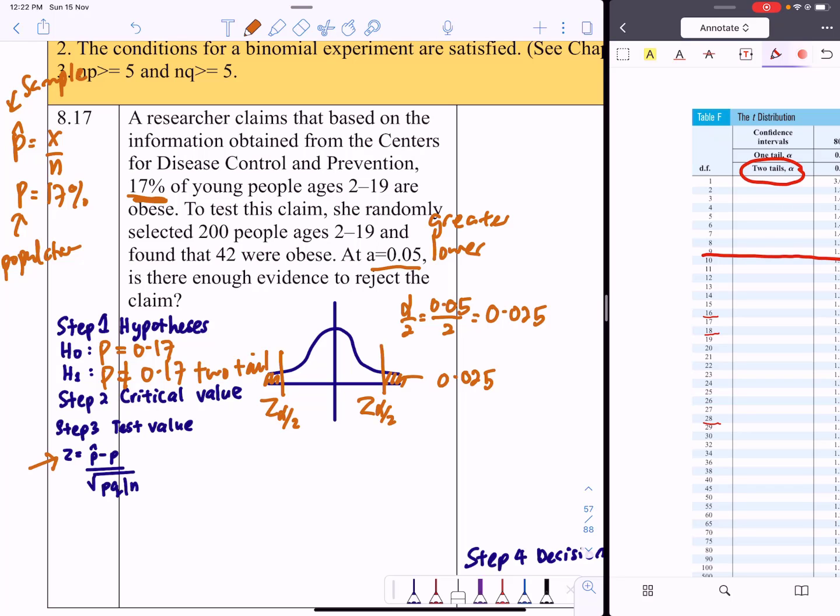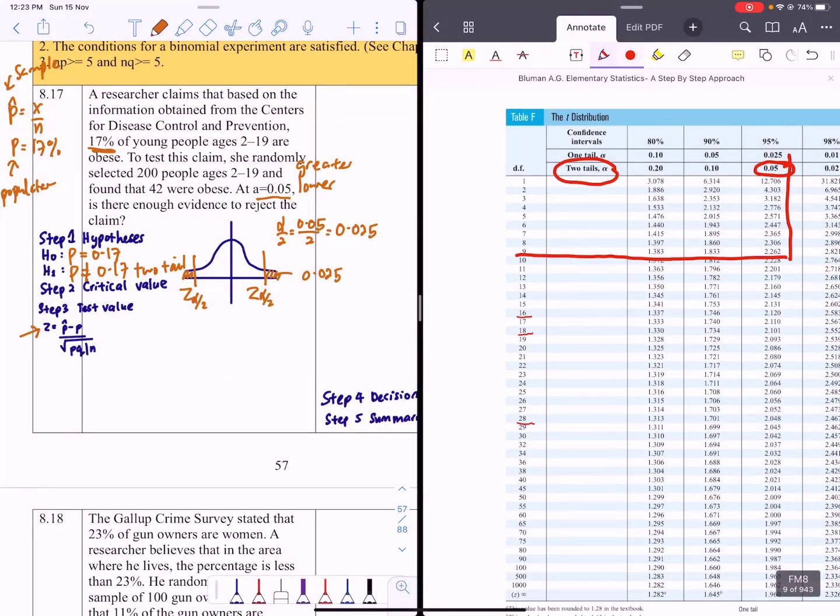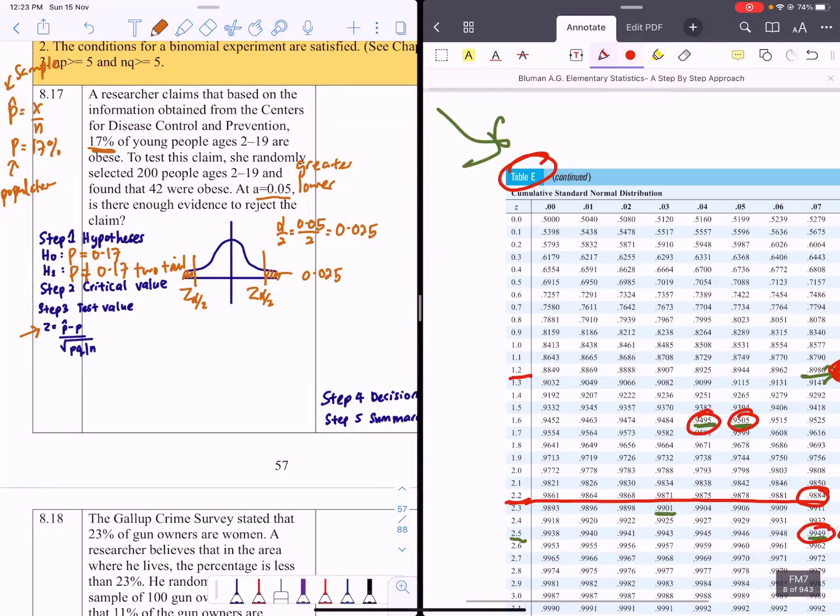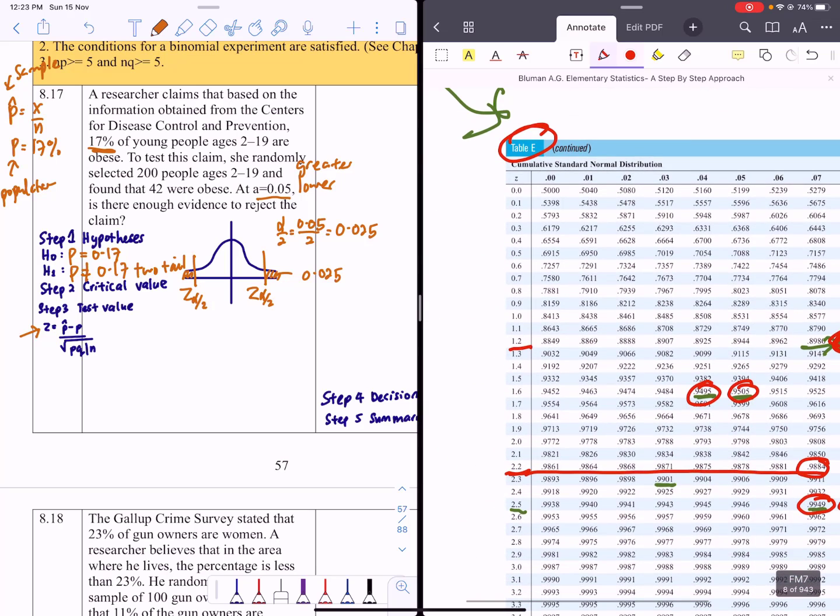Okay, now we need to find the z value. We move to table E. Table E, 0.025.